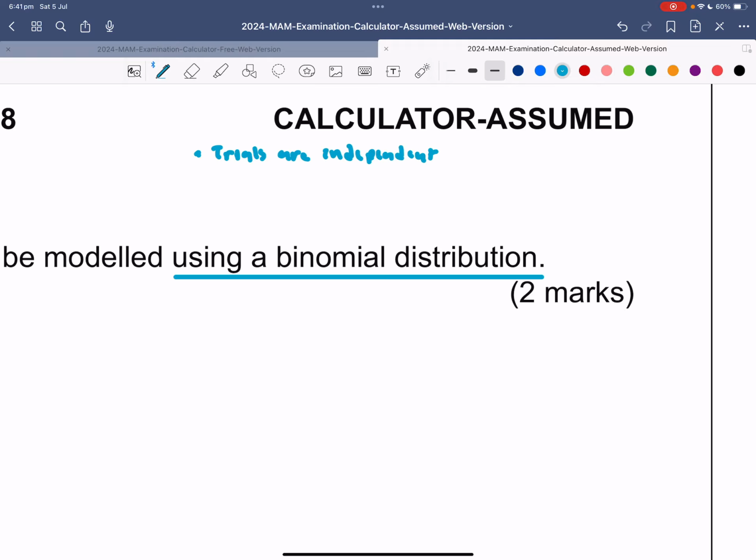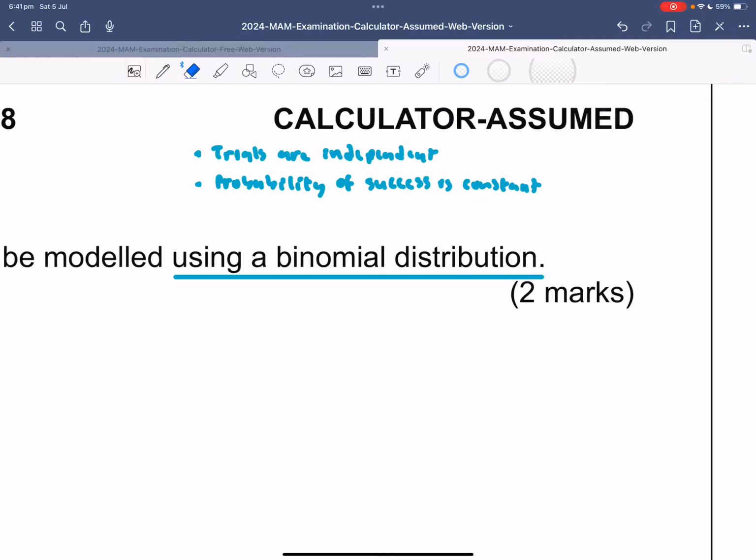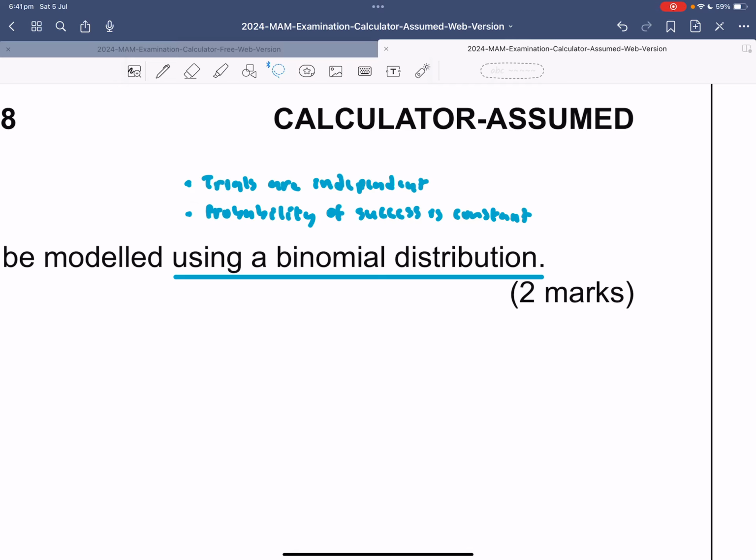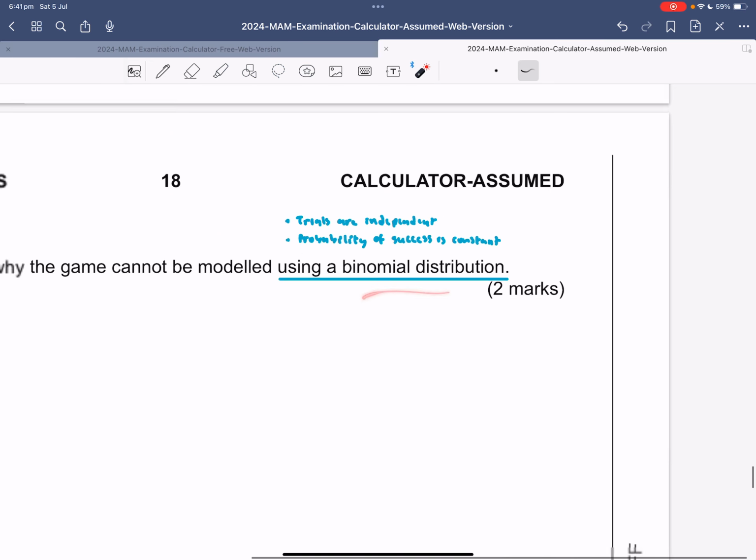Another requirement is that the probability of success is constant. And another is that there's a fixed number of trials. So those are the main ones, and then there are 2 options, either this or that. These are essential requirements to be using a binomial distribution.